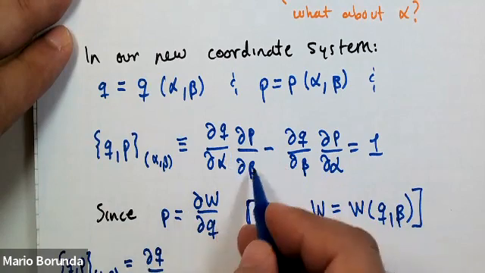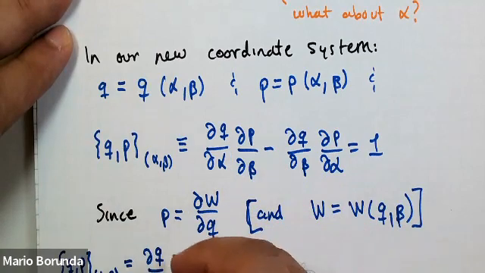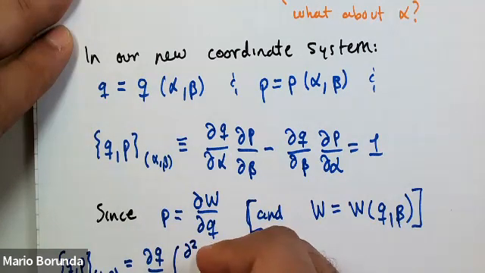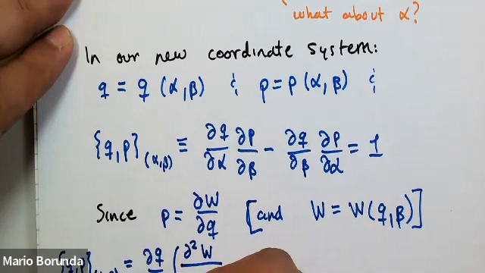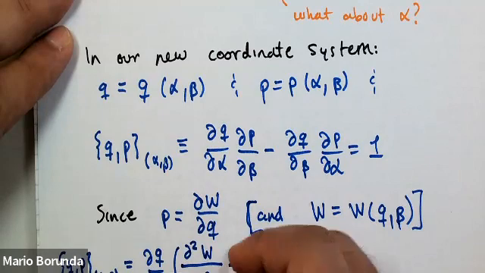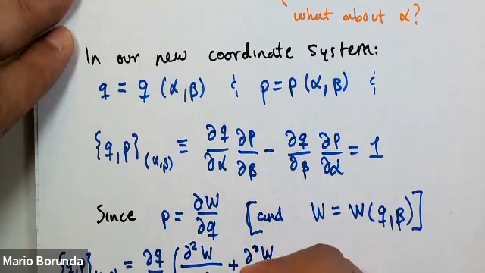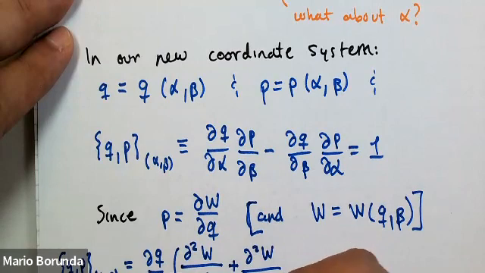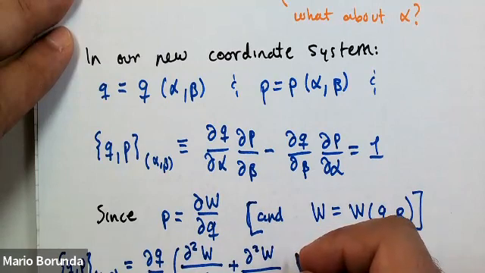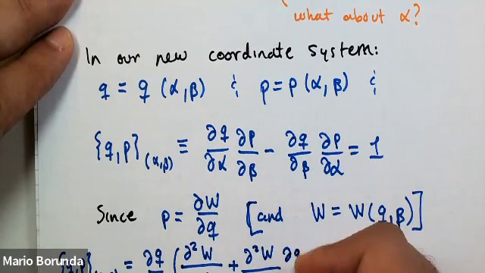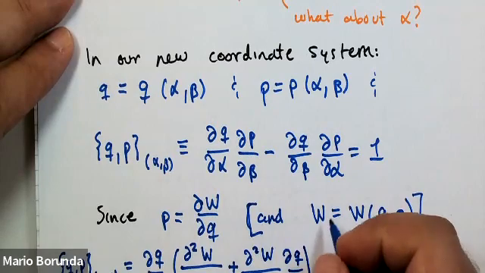And then my P is gonna turn into the second derivative of W with respect to beta and Q, plus the second derivative of W with respect to Q, and then I need the derivative of Q with respect to beta. So that's the first term.